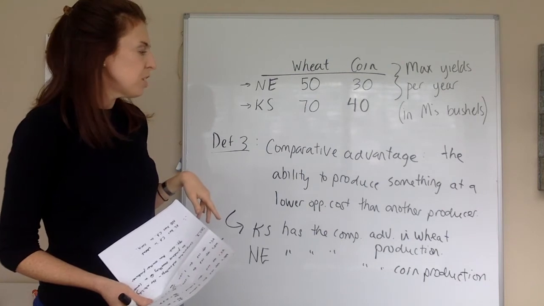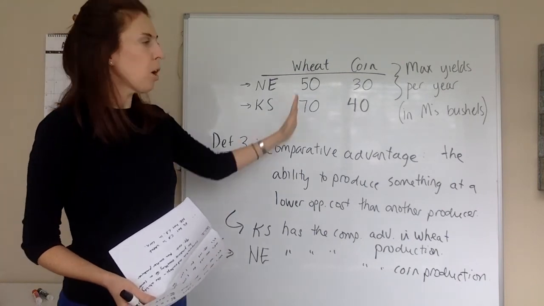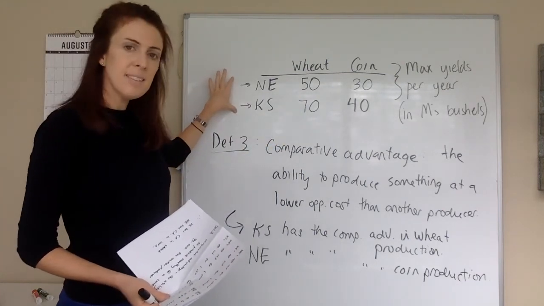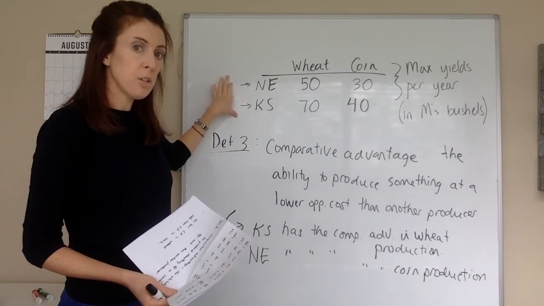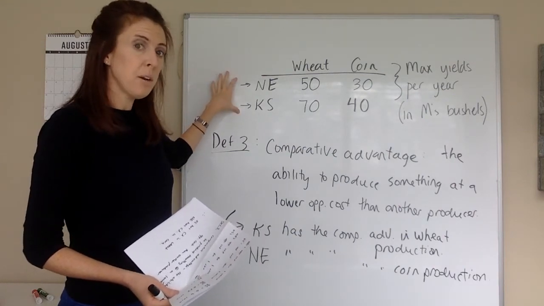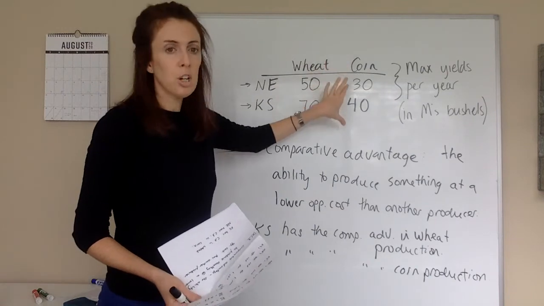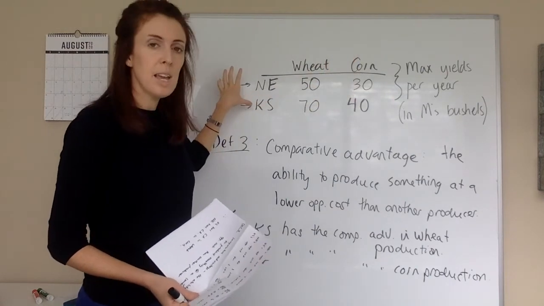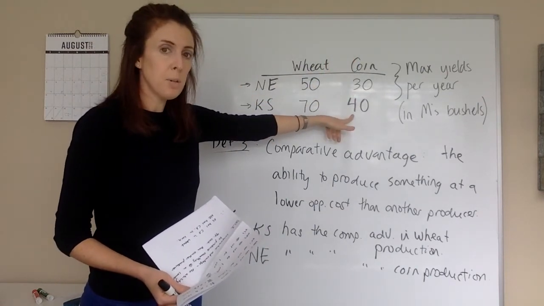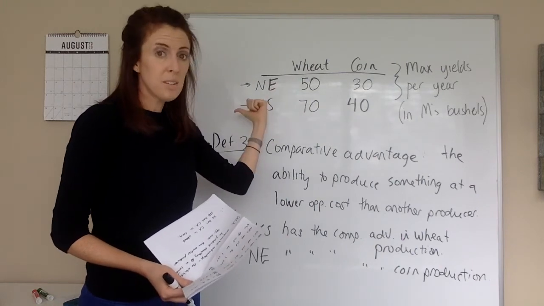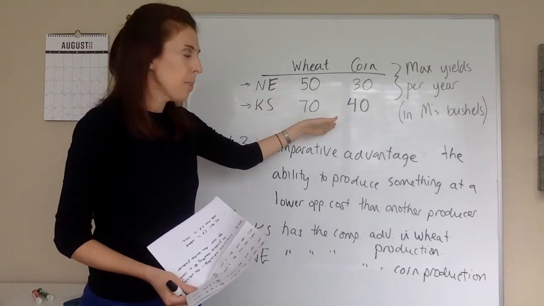And comparative advantage says, okay, for a given product, which place can produce that product at a lower opportunity cost? That place has a comparative advantage. You go to the next crop. You ask yourself, which place can produce this crop at a lower opportunity cost? That place is the one that has the comparative advantage in corn.